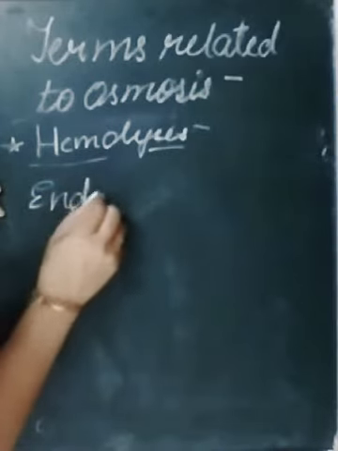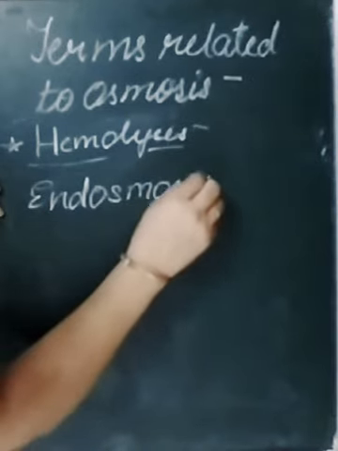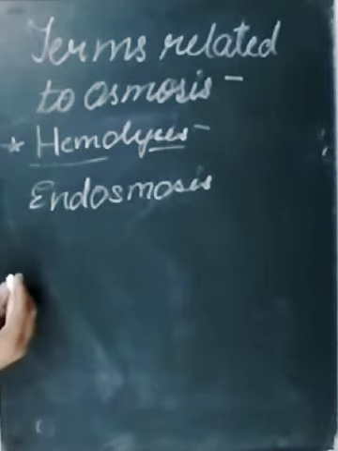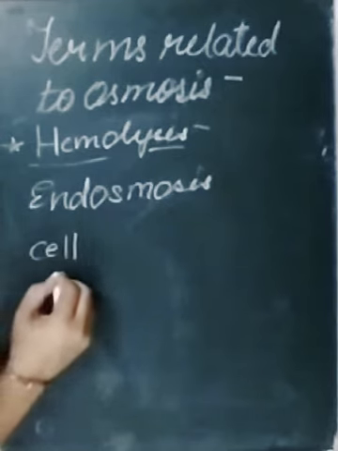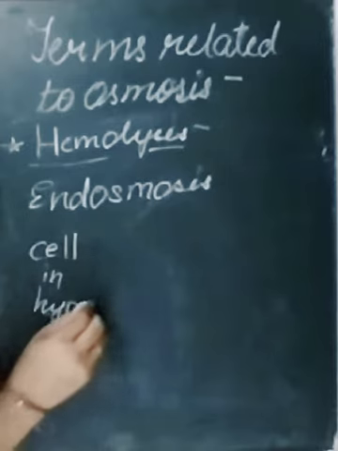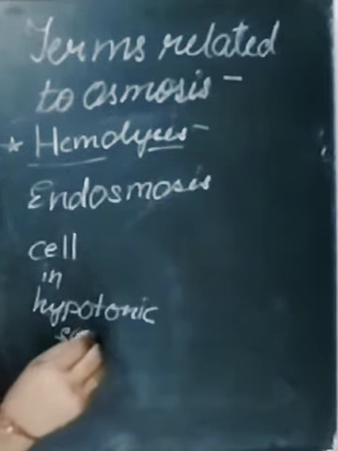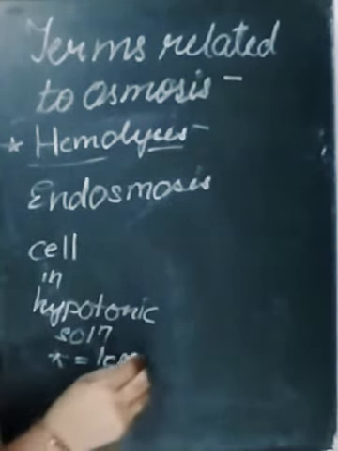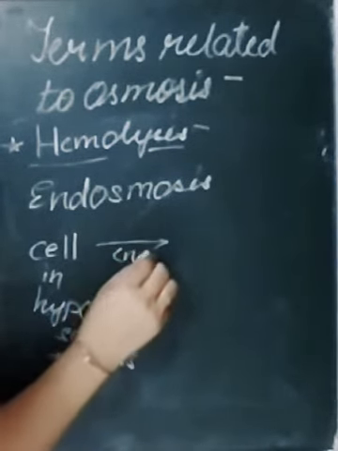Endoosmosis we had seen right now in case of resin. So when a cell is kept in a hypotonic solution, what will occur? Hypotonic solution means pi is less, so water will move inside.